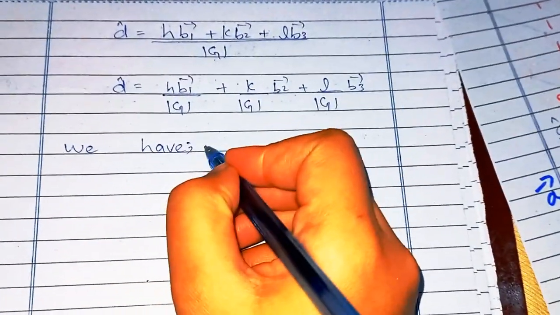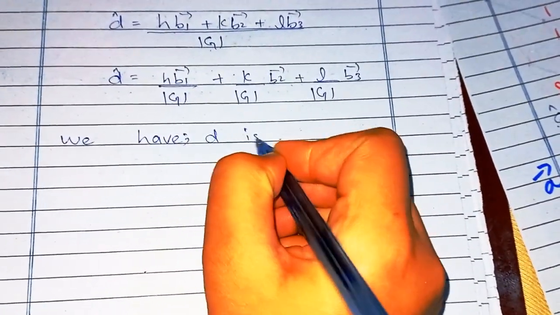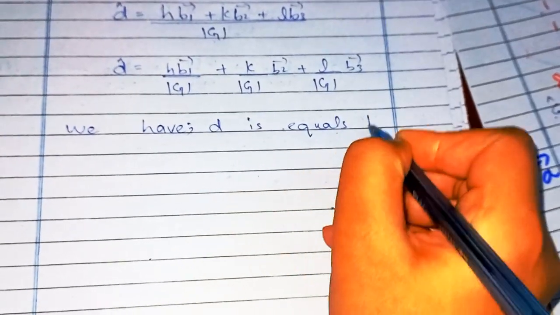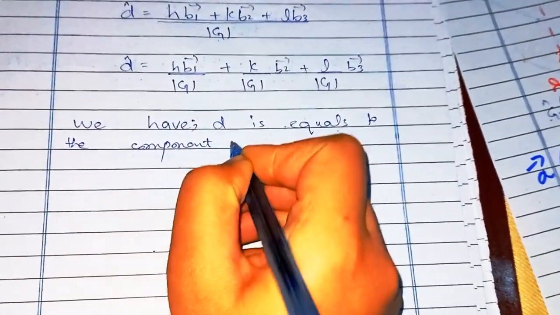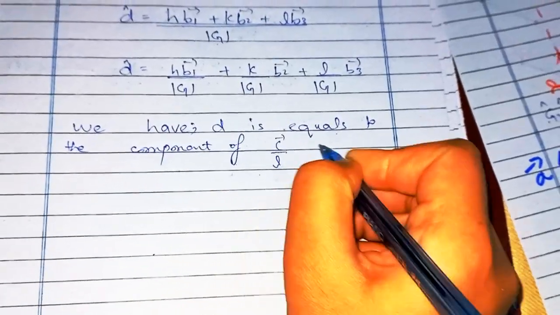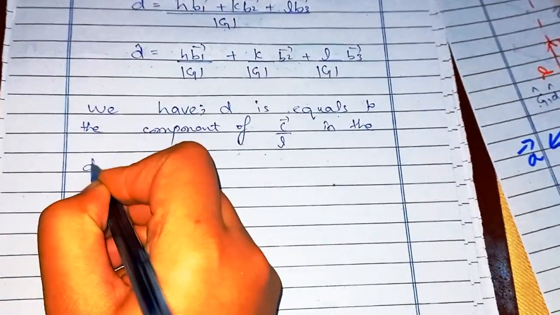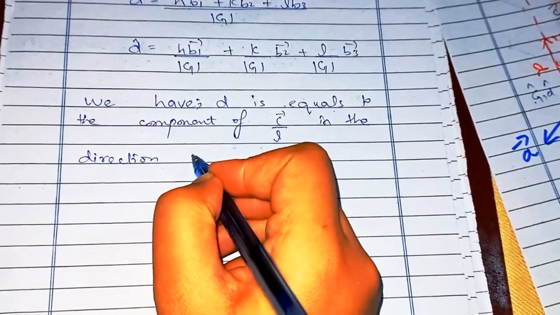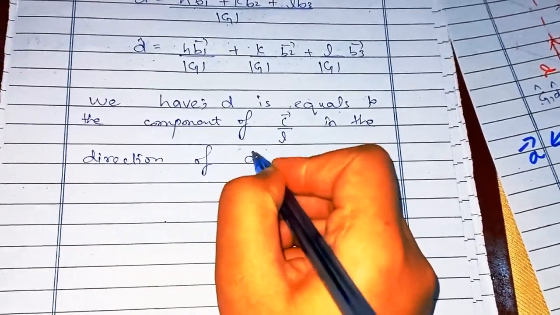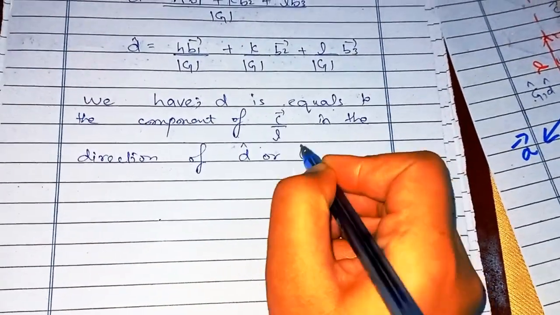mathematical form that D is equal to the component of C by L in the direction, or we can say in parallel to, in the direction of D unit vector or G unit vector.